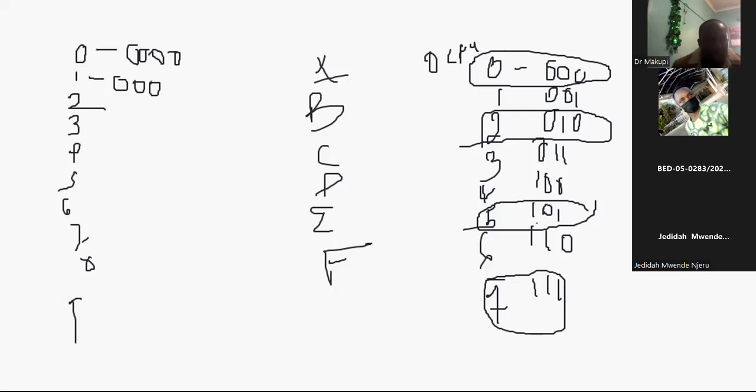Now you can see I'm using a combination of 4 bits as opposed to 3 bits. Again, 0000 plus 1.